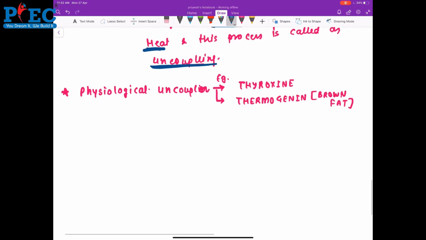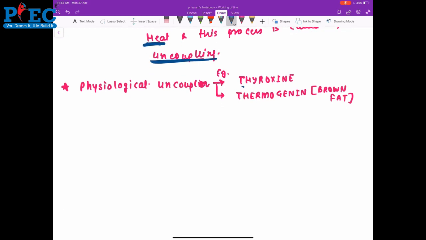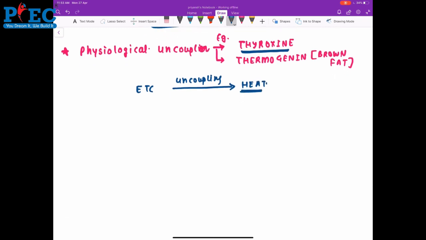We can imply this fact: whenever the electron transport chain runs and you do the uncoupling, the product will be generated in the form of heat. This uncoupling process occurs every day in our body to maintain the core body temperature.